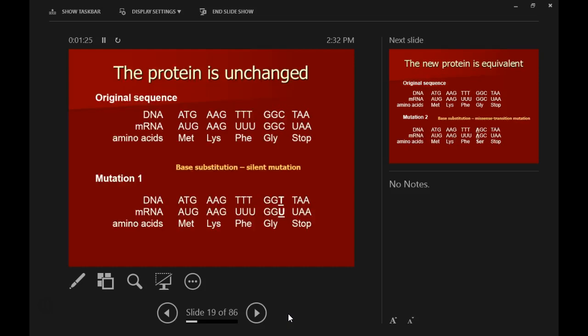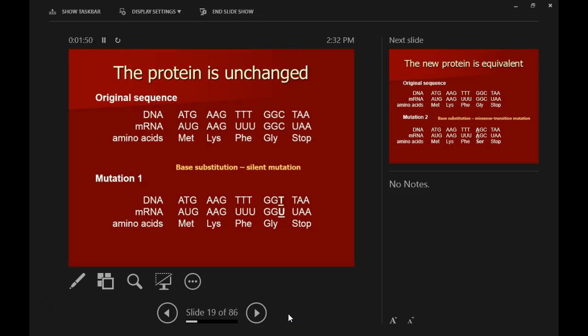And we're going to begin with a simple one. Here is my originally unmutated sequence. As you can see, we have 5 codons. Right? This is what the transcript would look like, and this is what the genetic code translates those amino acids into. So we're going to look at this particular codon right here.